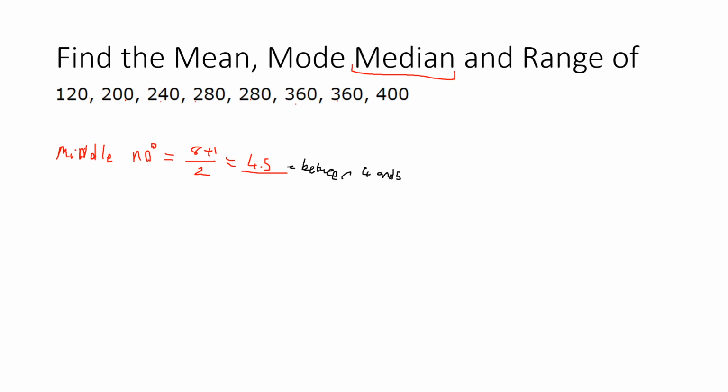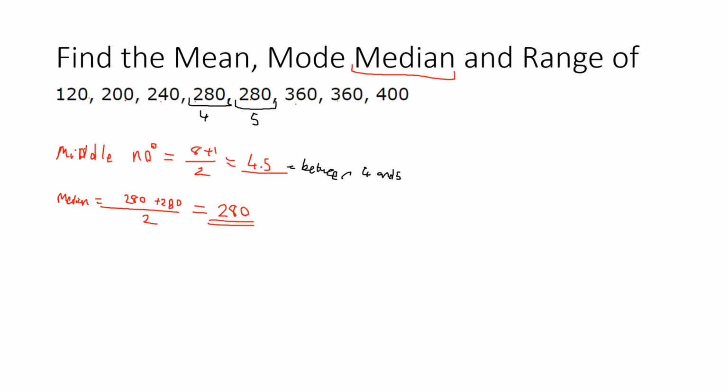So if we go to number 4, 1, 2, 3, 4, and to number 5, 1, 2, 3, 4, 5, it's simply going to be the mean of those two numbers. The median is simply going to be 280 plus 280 over 2. In this case, we're very lucky because the numbers are the same, so it's just going to be 280.